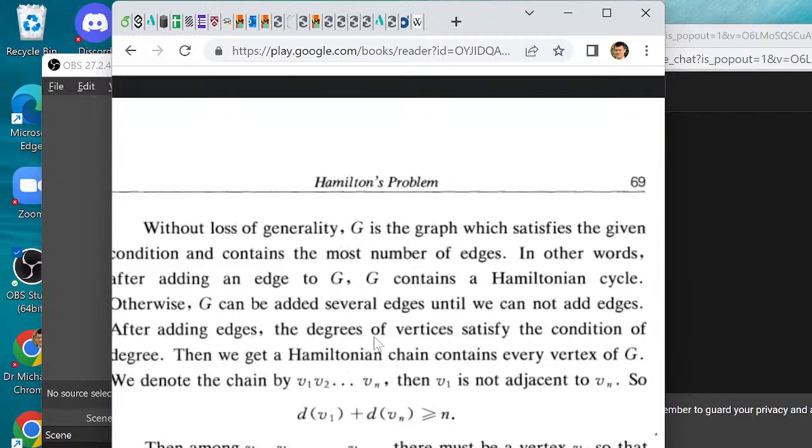But here you're imposing the condition that the graph does not have a Hamiltonian cycle separately. Very strange. Okay, otherwise G can be added several edges until we cannot add edges.